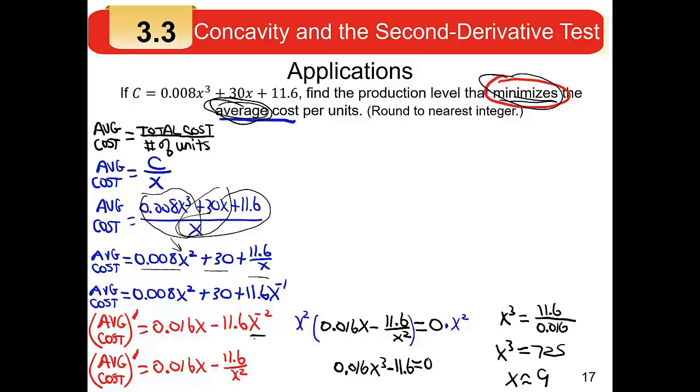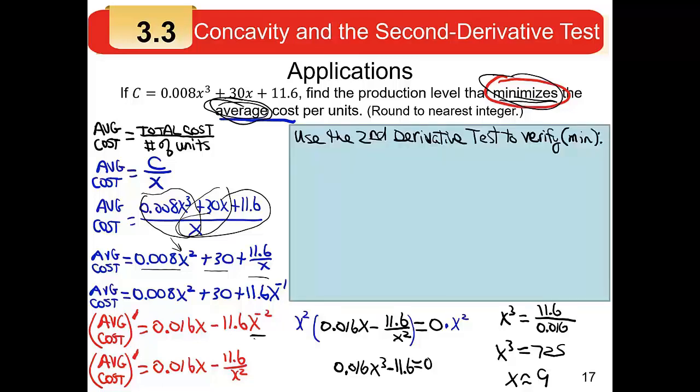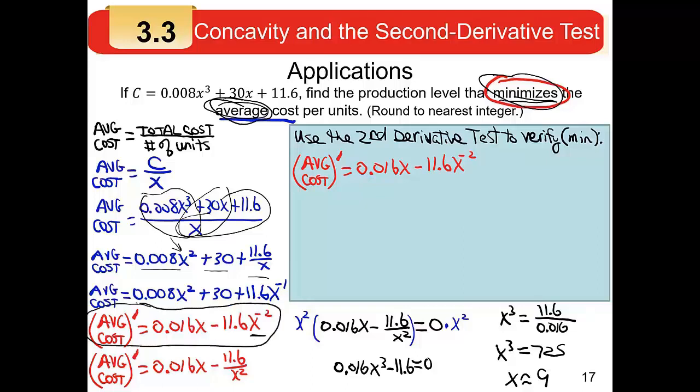I think that's going to be my answer, but to be absolutely 100% certain, and the reason they put it in this section is they wanted you to verify that really is a minimum. So I use the second derivative test. The first derivative I've already calculated, and again, I want to use the form of it that's easiest to differentiate again, so I'll use that form.